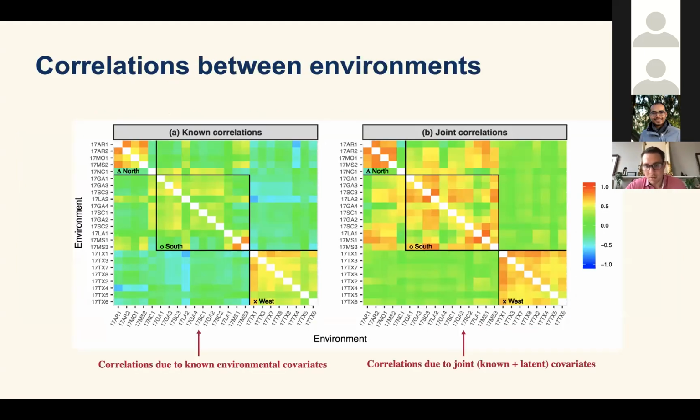Just before you go on, Eduardo, because you mentioned the TPE twice now, let me quickly go to this slide. What I didn't say was that I have partitioned these matrices into north, south, and west, because these are the growing regions that we have in the US. A popular approach amongst plant breeders is to cluster these environments.